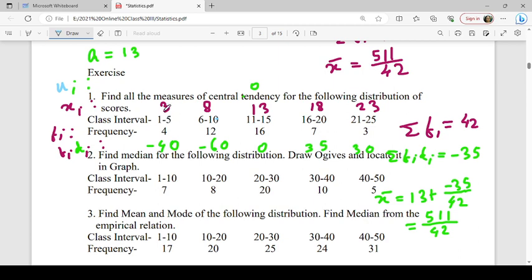So ui is minus 2, then minus 1, 0, 1, and this is 2.